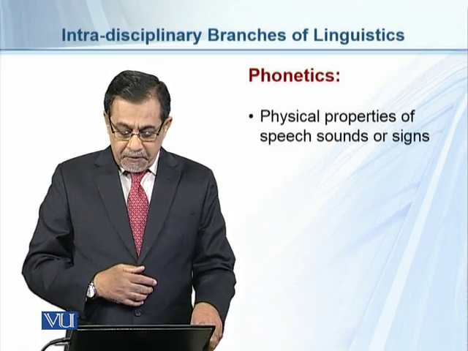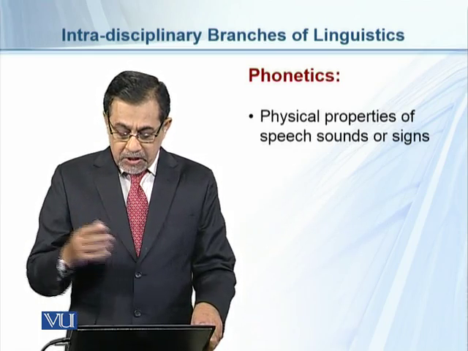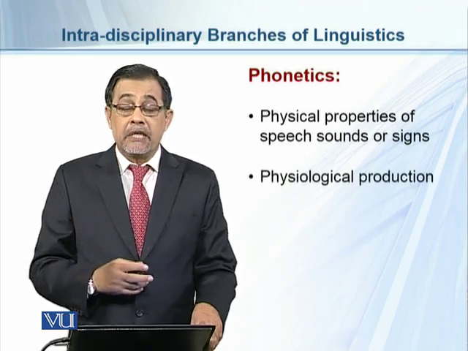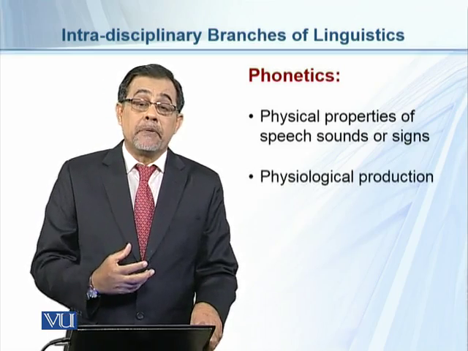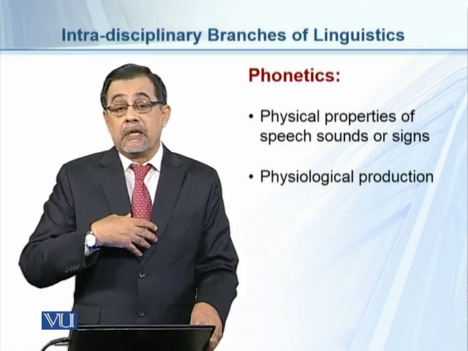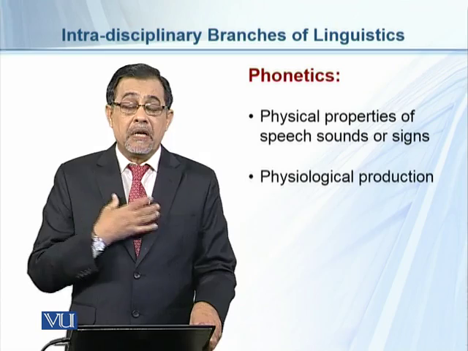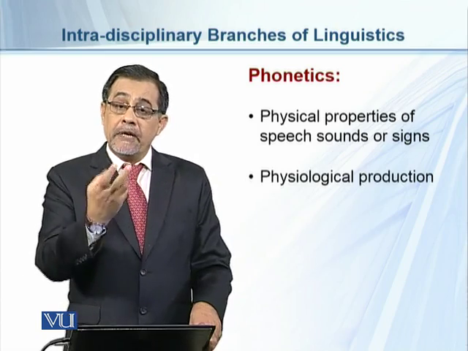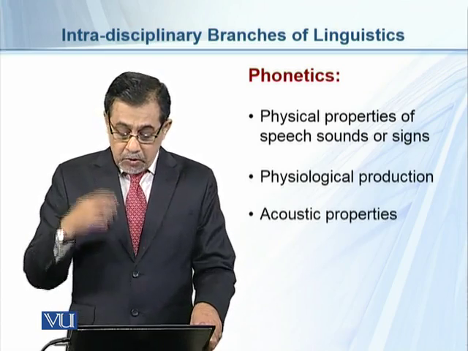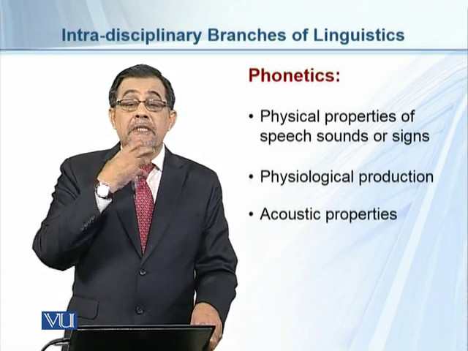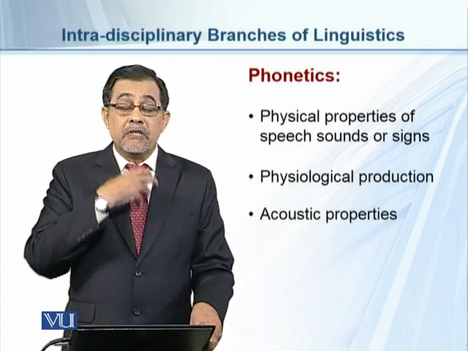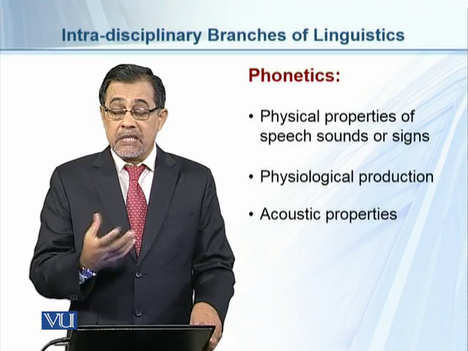Physical properties of speech sound or signs. Physiological production, that is how sounds are produced. So we discuss articulatory phonetics, and this is how different articulators are involved in producing sounds. Acoustic properties: the physical properties of the sound waves are discussed under this heading.